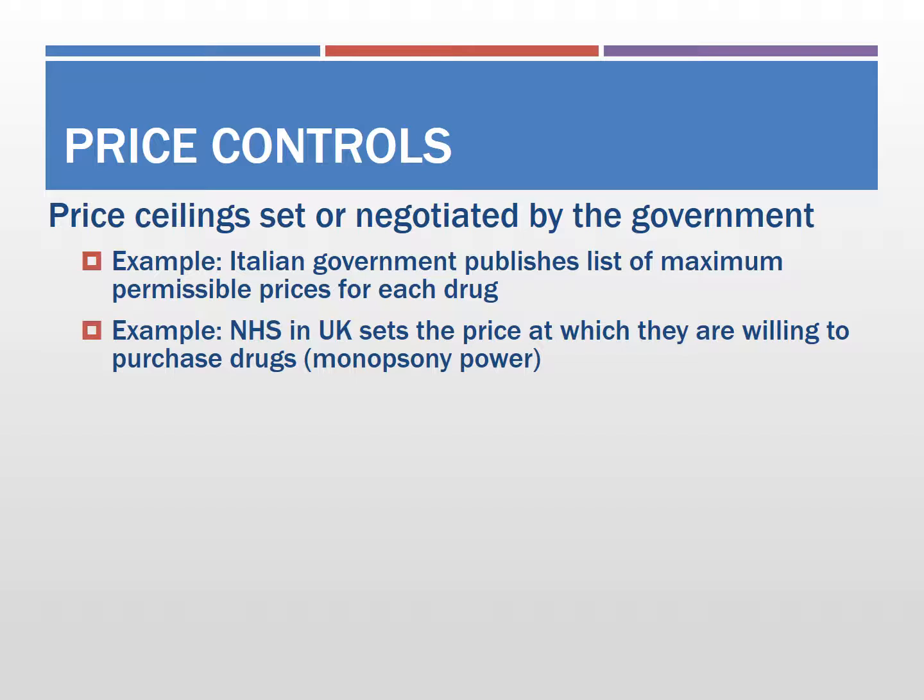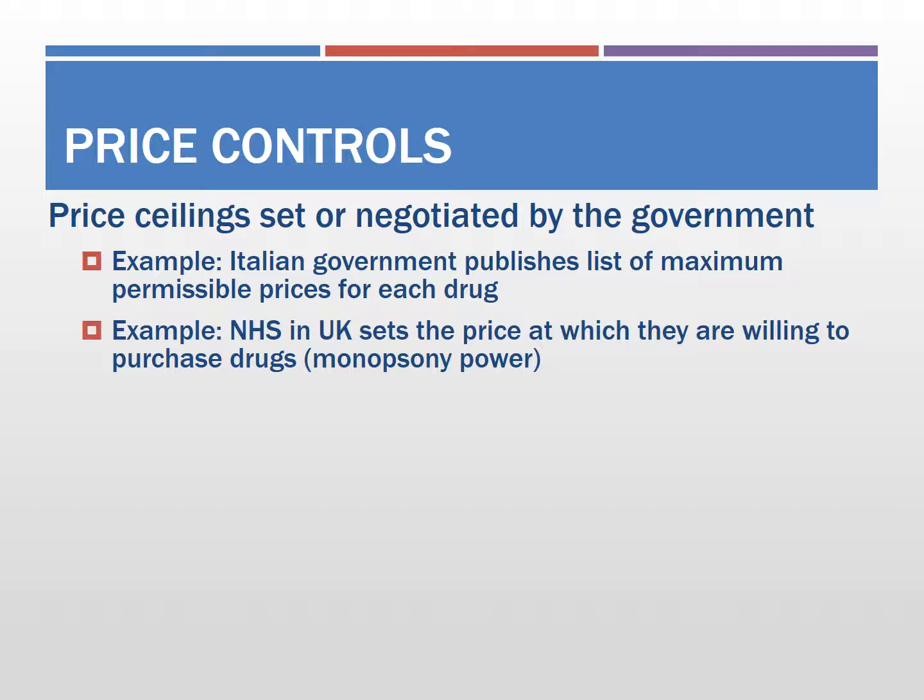For example, the Italian government might put a maximum permissible price on each of the drugs available in the market in Italy. And the NHS in the UK might set a price at which they are willing to purchase the drugs, exercising what we call monopoly power, since they become one particular buyer of the drugs in the market. So it becomes collective power for them to negotiate with the drug company.